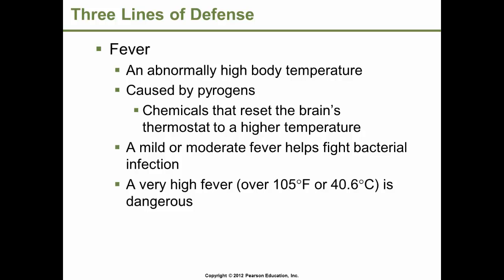The pyrogen is a chemical that resets the brain's thermostat to a higher temperature. A mild or moderate fever helps to fight bacterial infection. A very high fever, though, is dangerous, as it can denature proteins, destroying the proteins within our body.